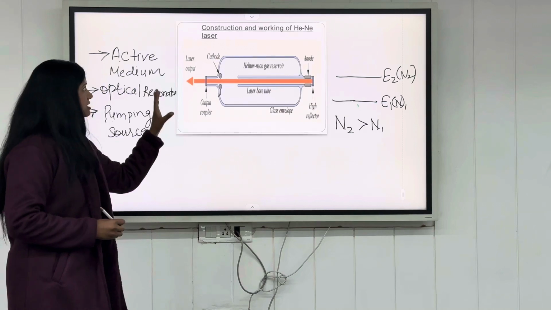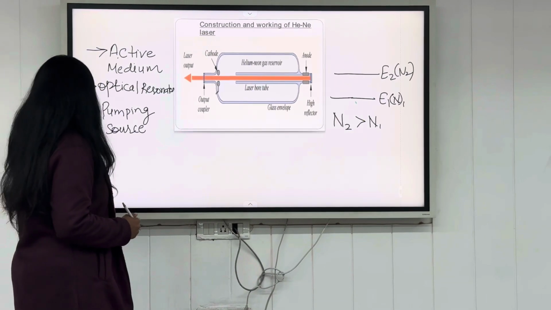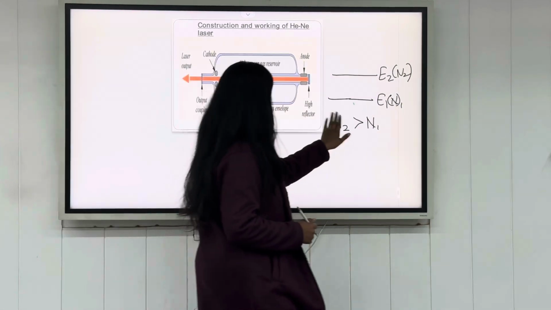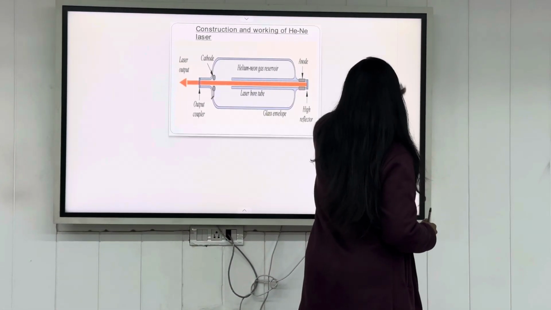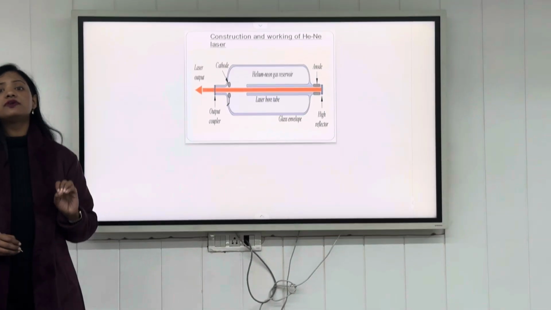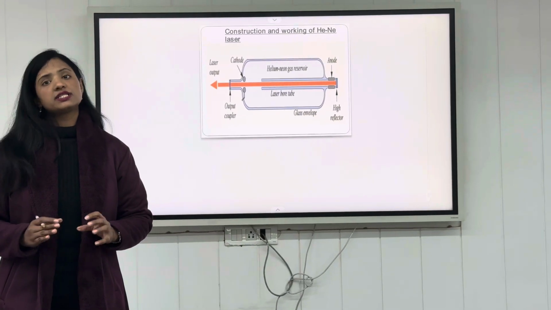So now let us start with the construction and working of helium neon laser. Helium neon laser is the first laser in which the active medium used was gases.